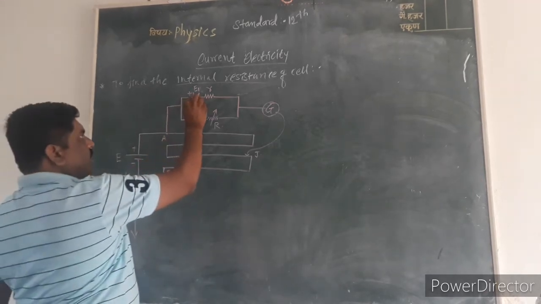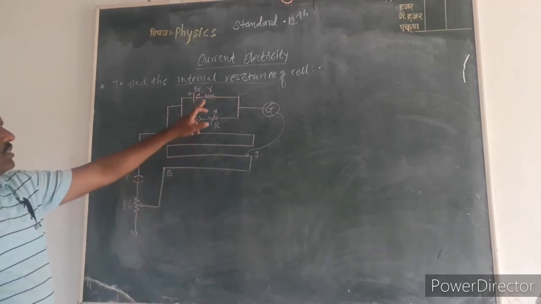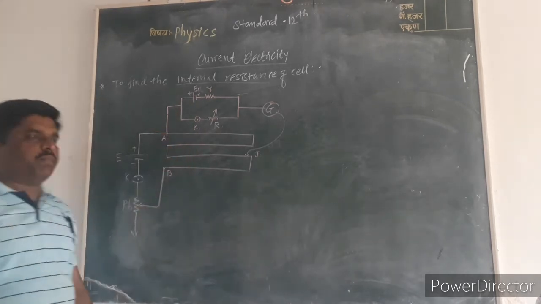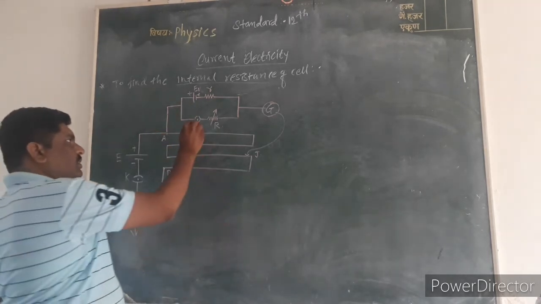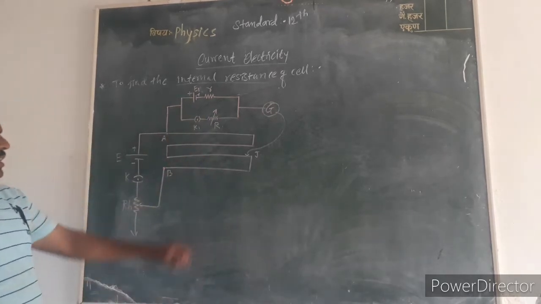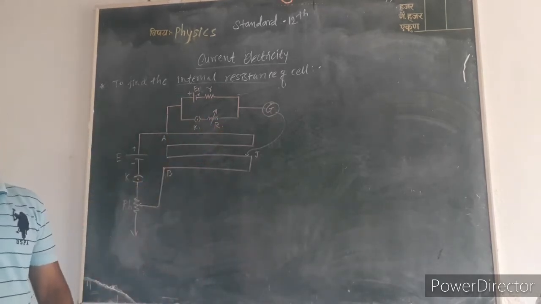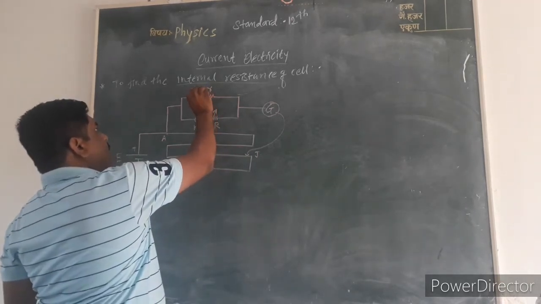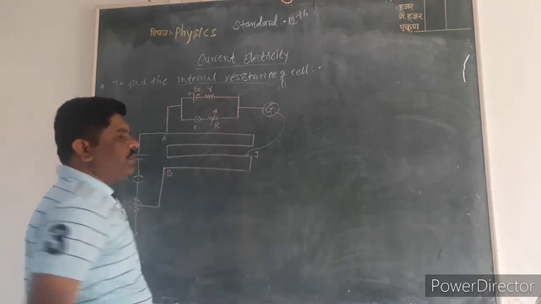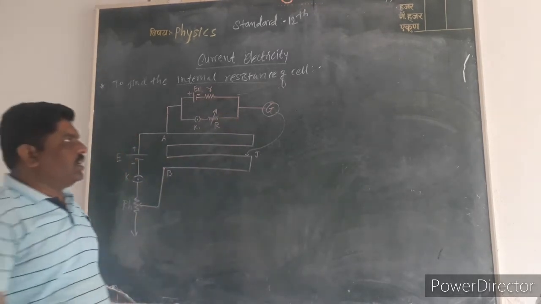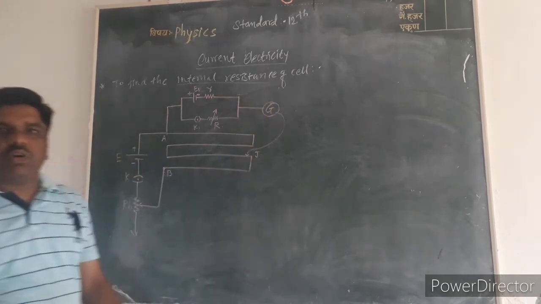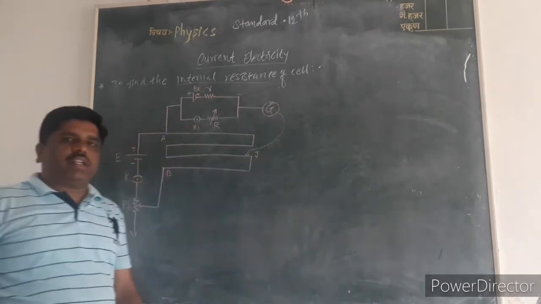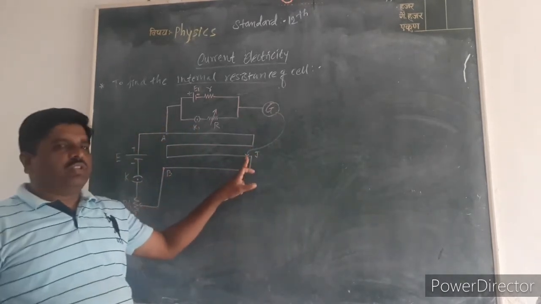The cell E1 whose internal resistance r and plug key K1 are connected at point A, and the another terminal of K1 is connected to fixed resistance box R, and the negative terminal of cell and one terminal of resistance box connected to one end of galvanometer, and another end of galvanometer is connected to sliding key or jockey.